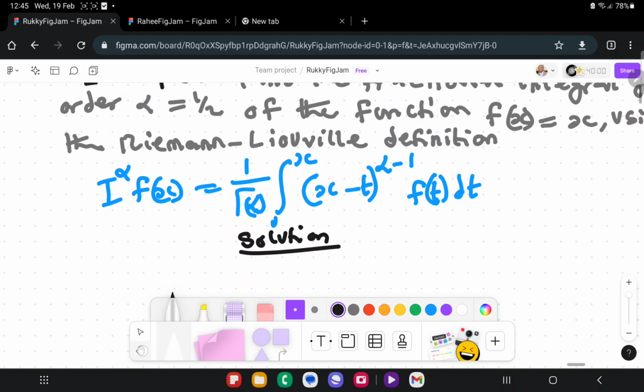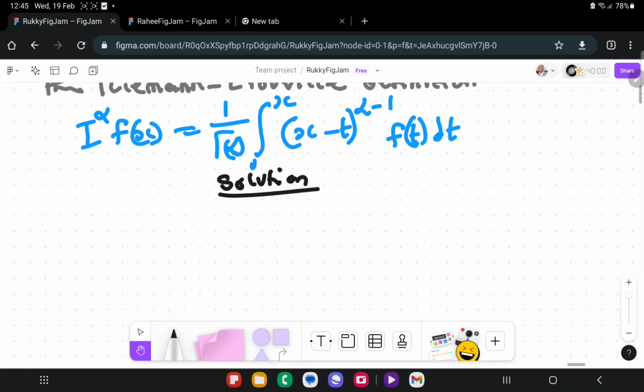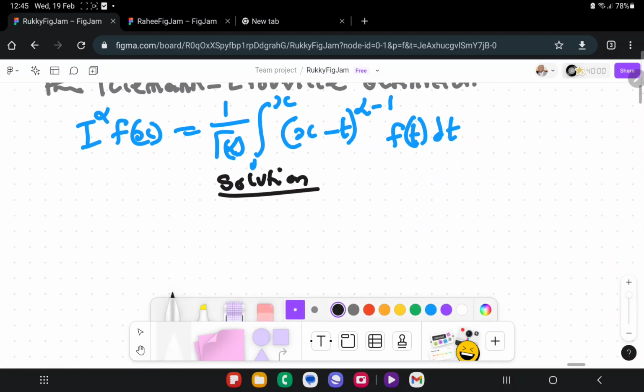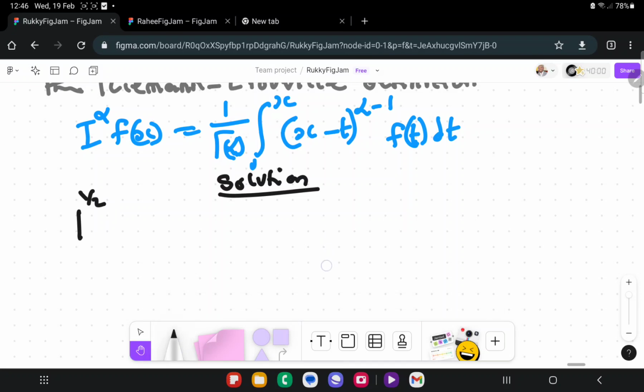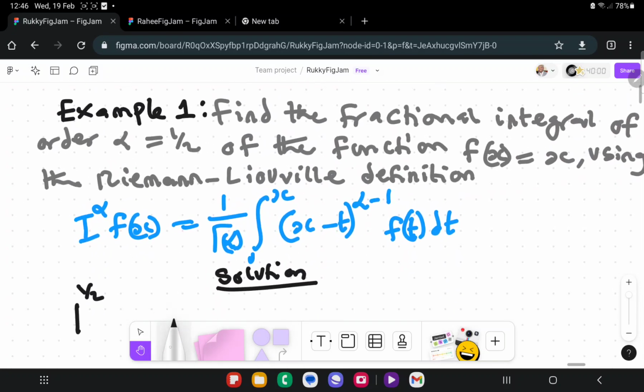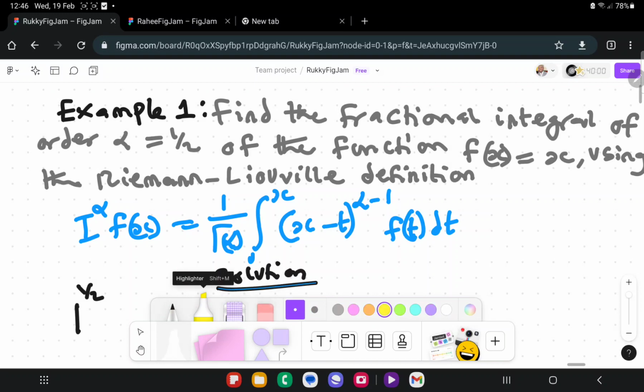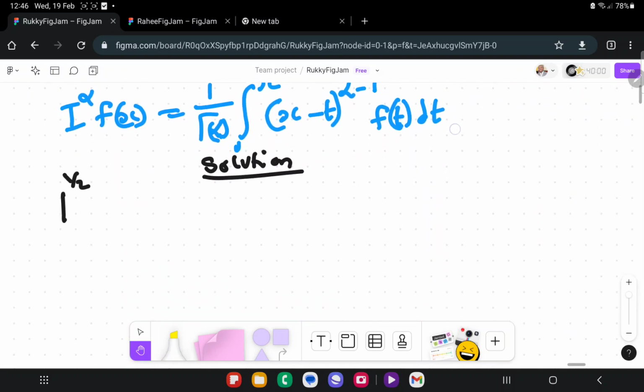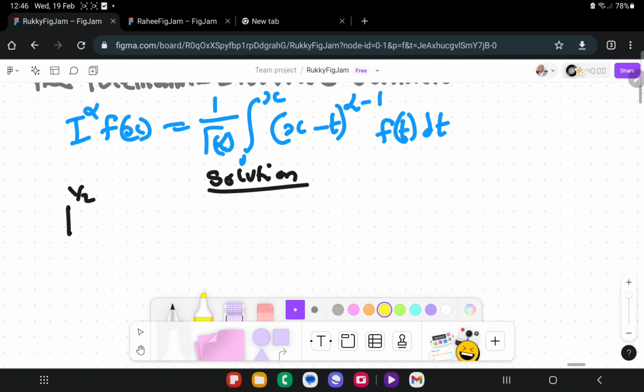So solution. Now all we need to do is just to substitute. Because alpha is given to us to be half, in place of alpha we're going to replace it with half. And from our question you can see our function given here is x, so in place of f of x we are going to replace it with x.